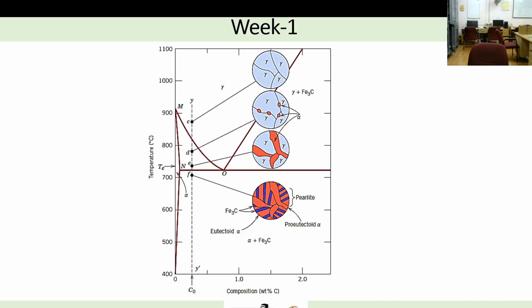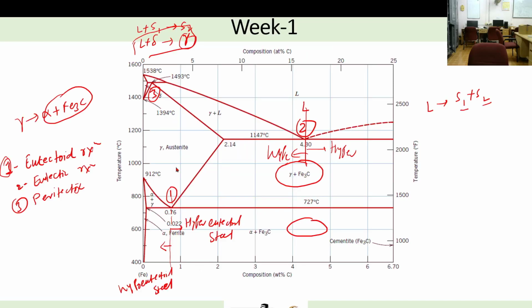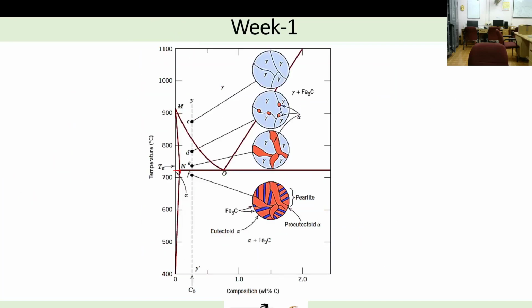This line from here till here will tell you that as the temperature is increasing, the solubility of carbon in alpha phase is increasing, which is obvious. Once you heat them, more and more carbon will be soluble in alpha phase, and till here it will reach its maximum solubility, which is 0.022%, that much carbon can be accommodated in the alpha phase of iron, right?